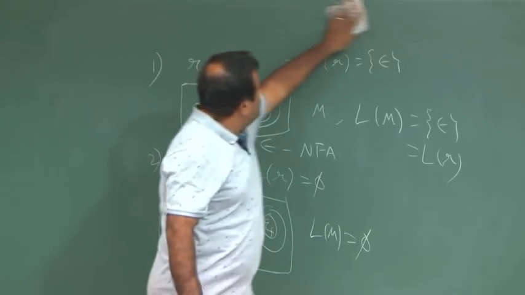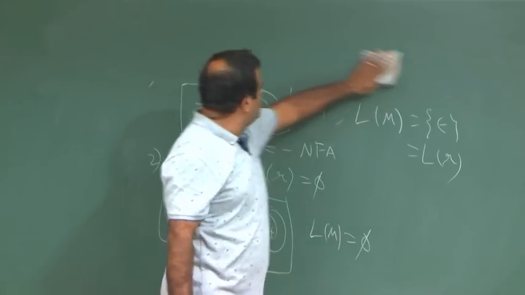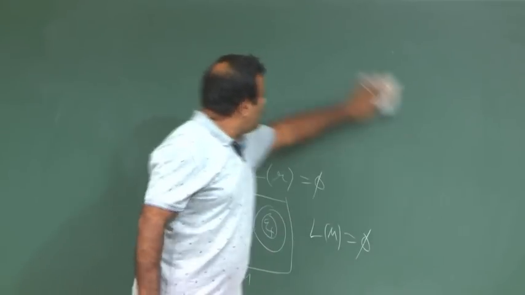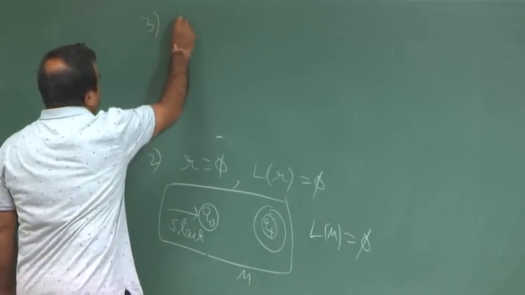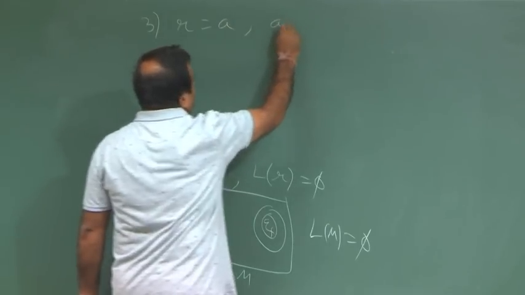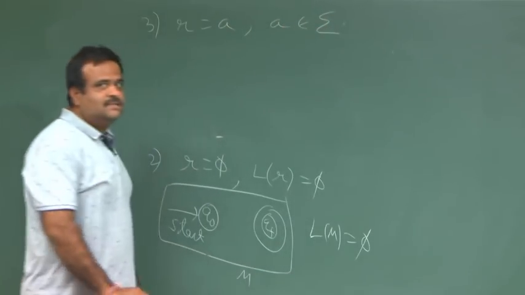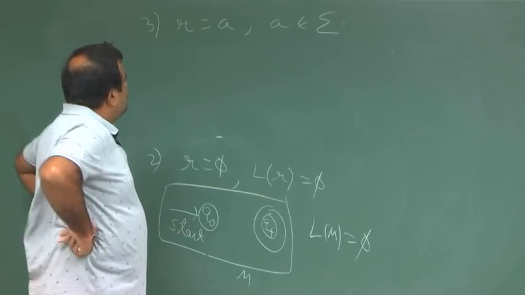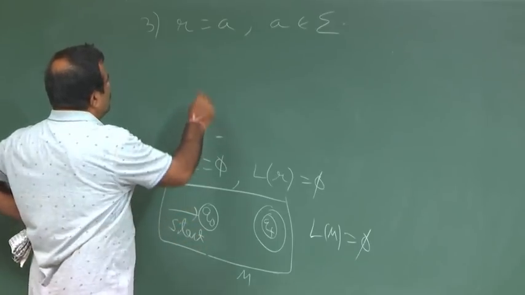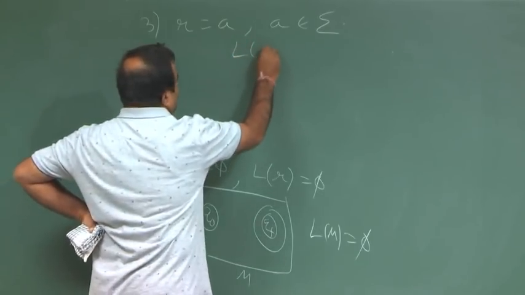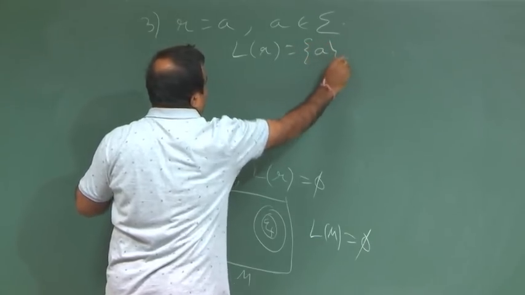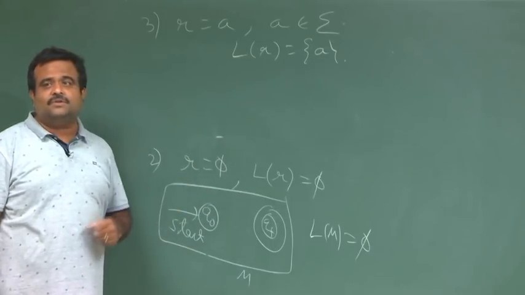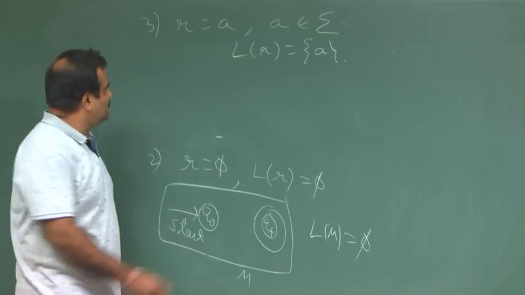Now, the third case is a. Now if r is a, where a is an alphabet symbol, any alphabet symbol. If sigma is 0 1, then a is 0 or 1, any one of these. Okay. Then how to show what is L of r? L of r is basically the singleton set a. Now, we need to get an epsilon NFA which is accepting this.